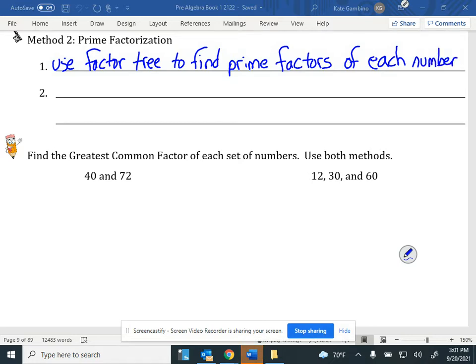And then our second step is find the product of the common prime factors.